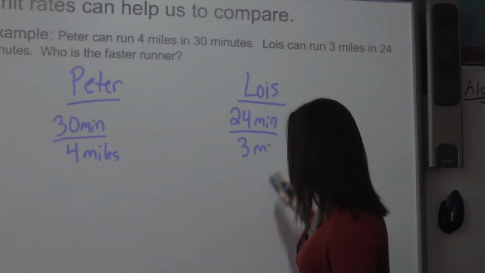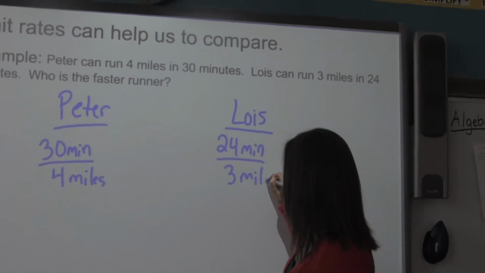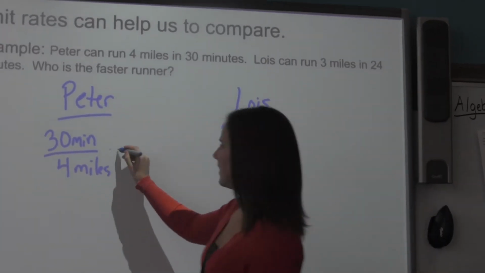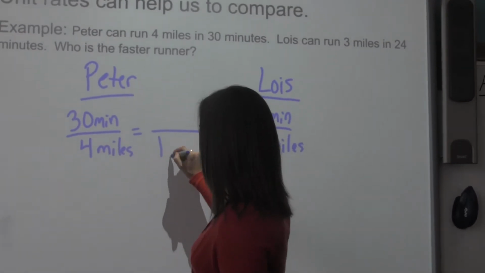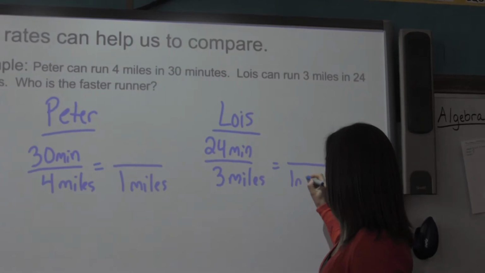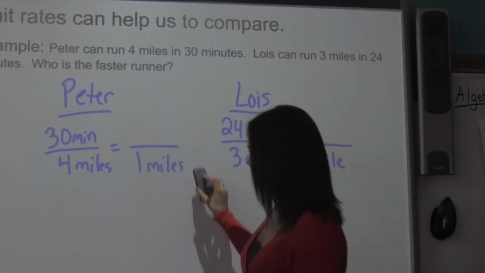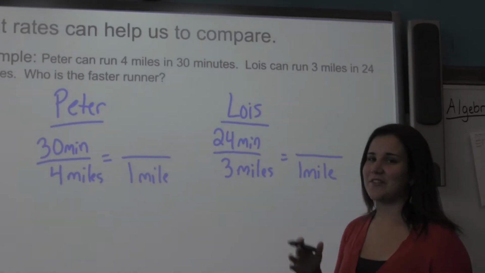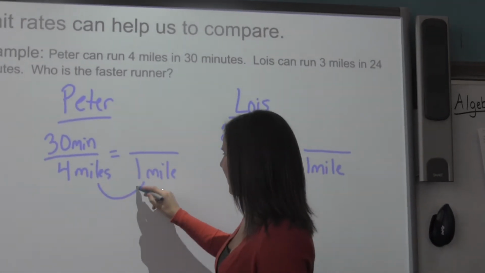Sorry. So I'm going to use my equivalent fractions, set up a denominator of 1 to compare these two. And I'm going to use division in order to find out what my numerator is. So divide by 4.